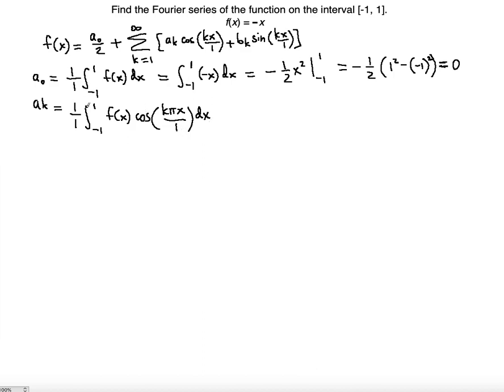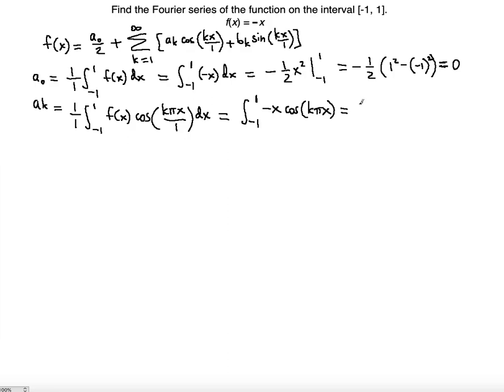And it makes sense, because a subscript k deals with the cosine; according to the formula, a subscript k by itself has the cosine associated with it. So that's going to be equal to the integral from -1 to 1 of negative x cosine of k pi x, because we don't have to include the 1.